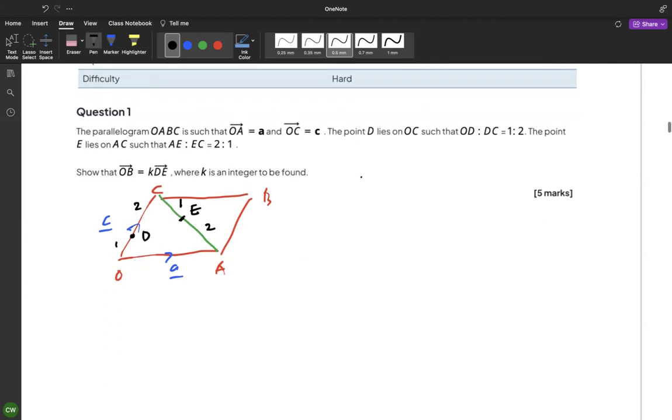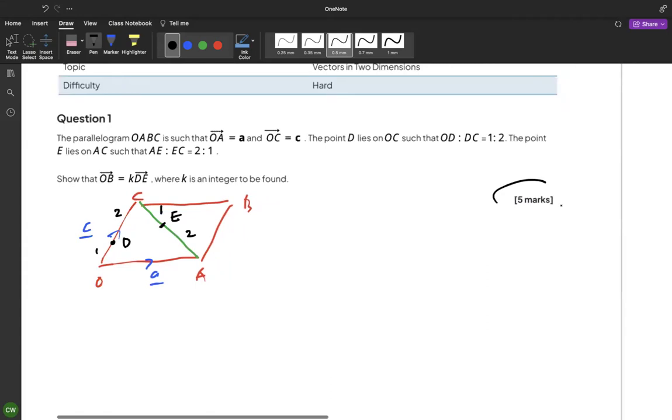Okay, now we need to show OB equals KDE, find the K, 5 marks. Can you do it? How to do it?